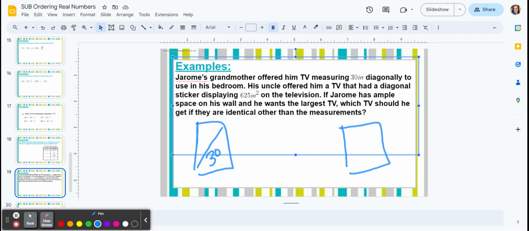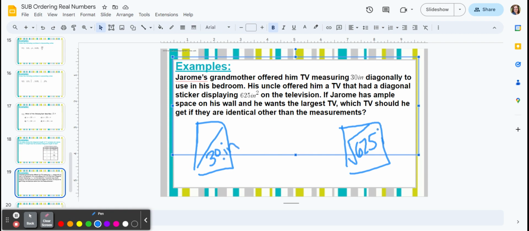So we want to know if the diagonal is, let's see, so what they're wanting us to do is take the square root of 625 to unsquare it so that this one's in inches.